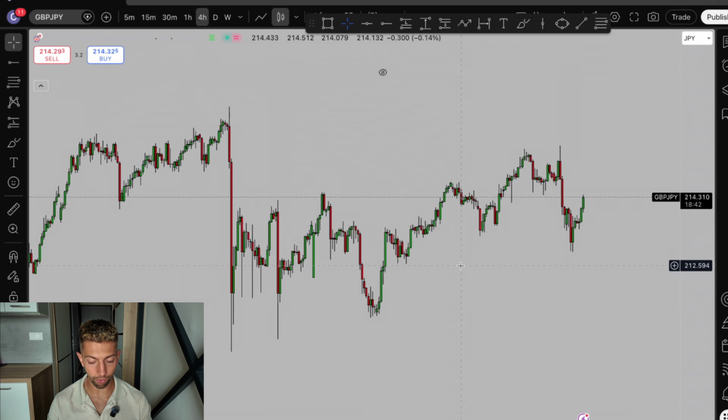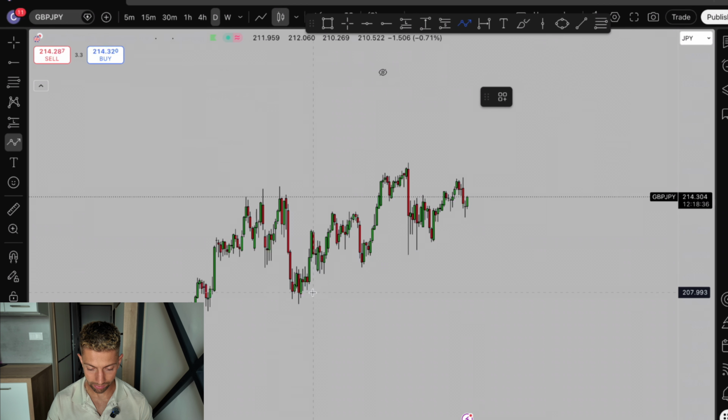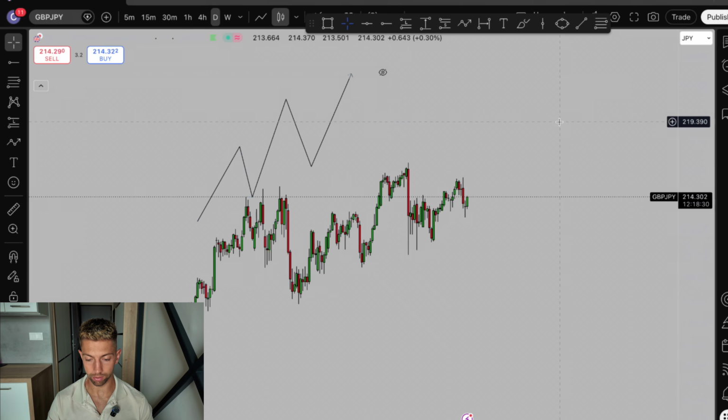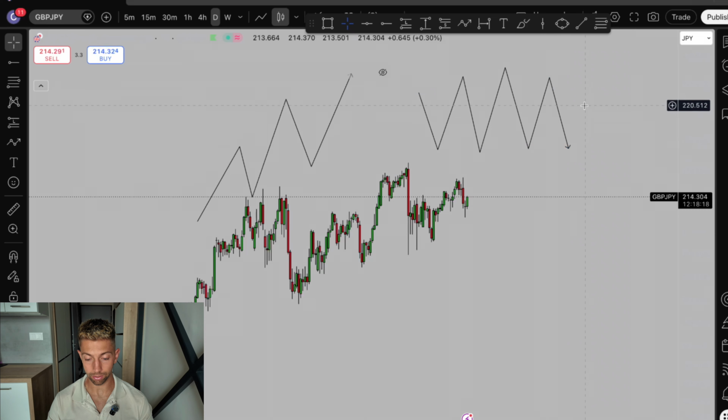How can I identify the direction of the market? It is simple. We are creating a series of higher highs and higher lows, which means we are in a bullish trend, right? There are three types of markets. There is an uptrend, which is higher lows and higher highs. There is a range market, consolidation, where the market is going sideways and there is no clear direction.